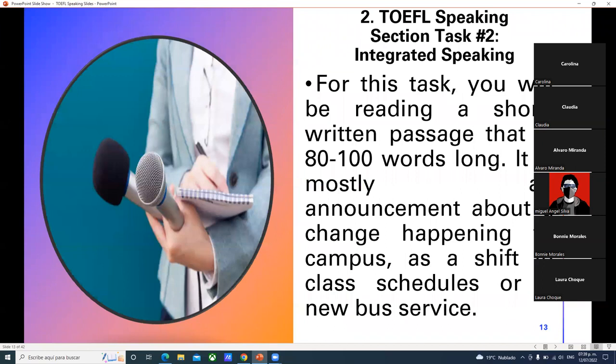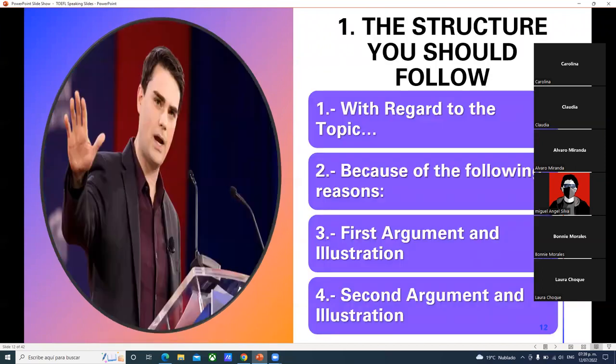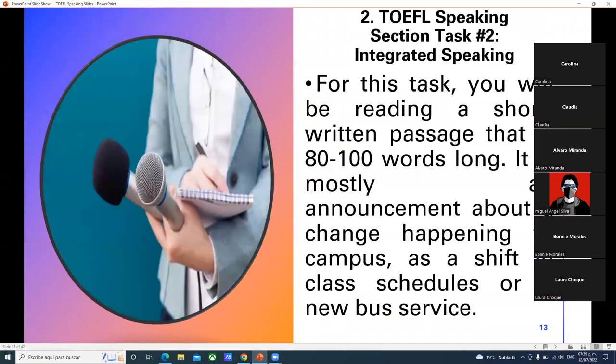But when we arrive at the integrated speaking, you don't have to be like Ben Shapiro; you have to be as if you were a journalist. I want you to identify this integrated speaking task number 2, the one that we have learned this class, with a journalist. Why? Because you are going to assume the role of a journalist.